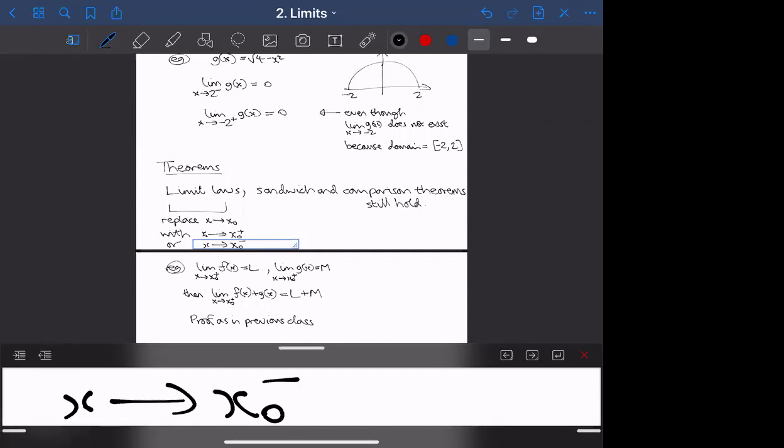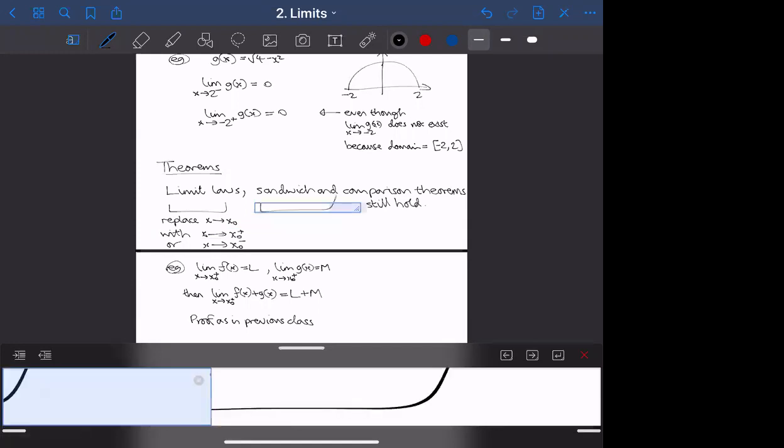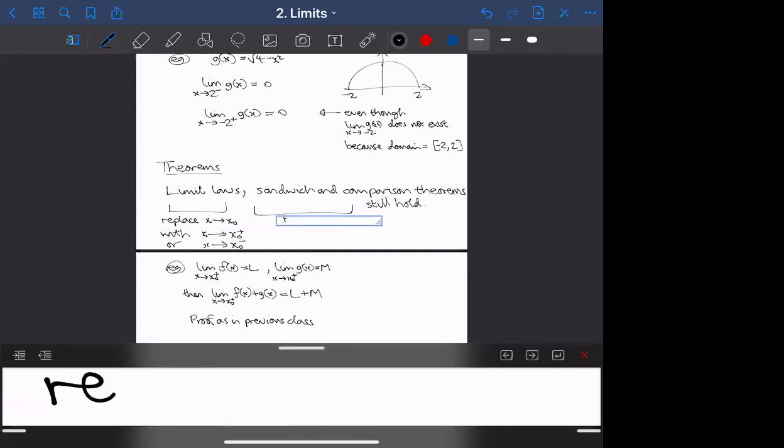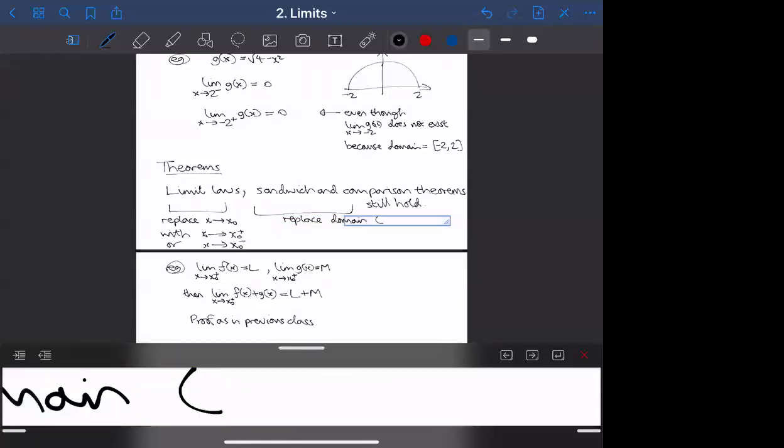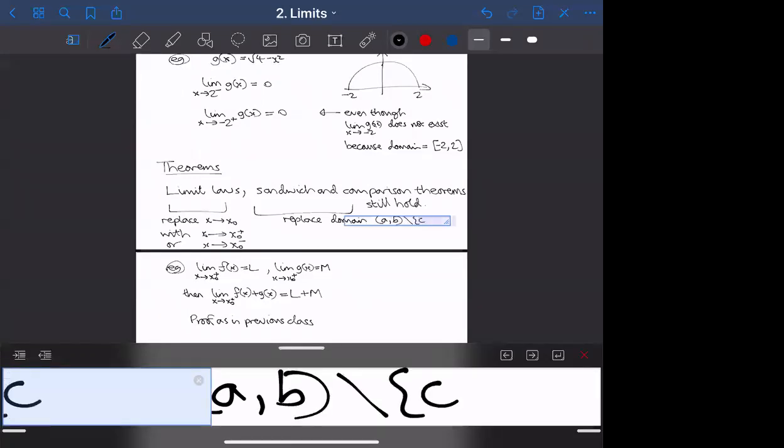And for the sandwich and comparison theorems, we have to replace, so remember the domain was AB with C removed.